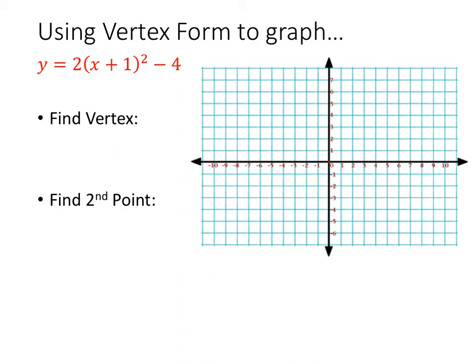Now, in order to find my vertex, it's a little tricky because we have to think about what the original form of the equation is. So from my vertex form, remember this is a times x minus h squared plus k.